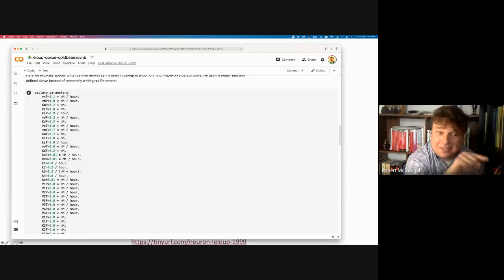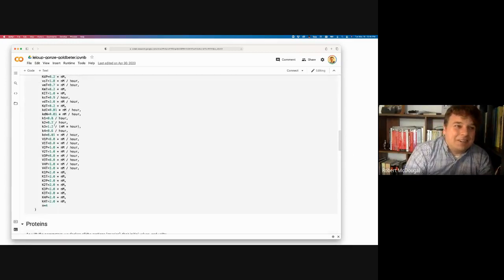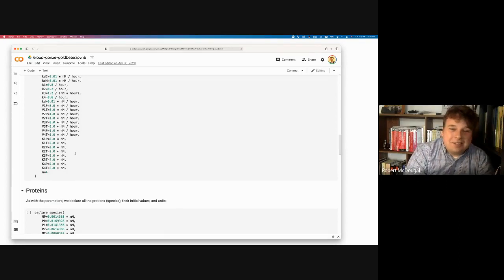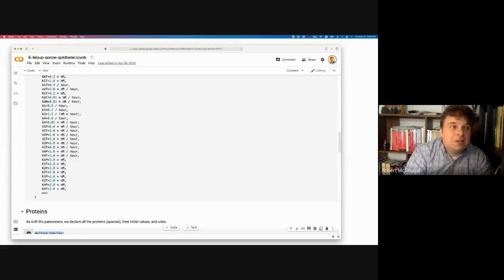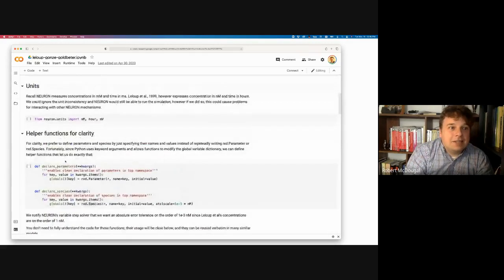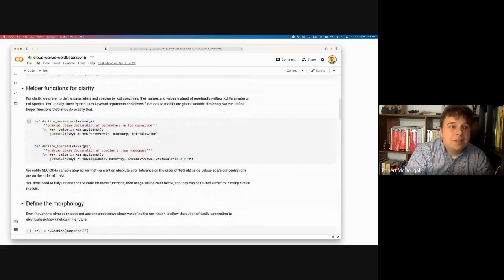Literally, this example is what led to that, because I didn't want to convert it. So we can take the units and put them in. We can take the species doing this. All this is using that shorthand function, but fundamentally what's happening is we're calling declare species, and we're constructing a whole bunch of rxd.Species objects.